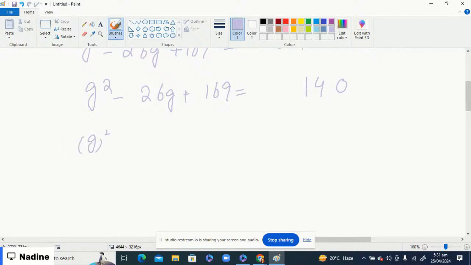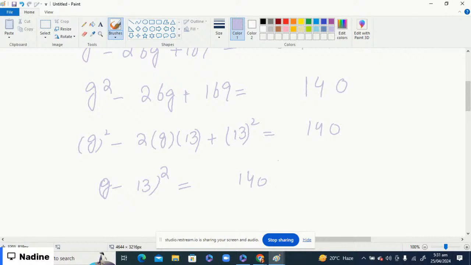It's a square minus 2ab plus b square. So what's the formula? G minus 13 whole square is equals to 140.